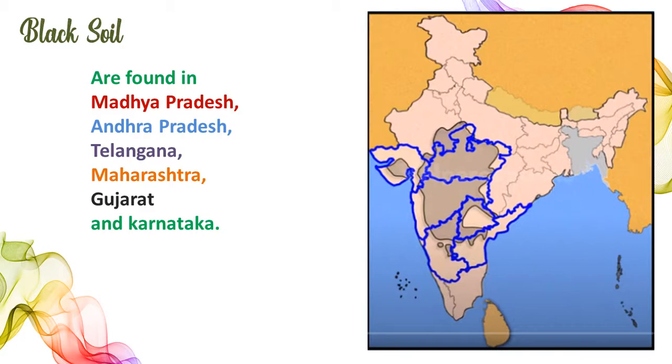This kind of black soil is rich in calcium carbonate, magnesium, potash and lime. But they are poor in phosphoric content. In the dry season, these soils develop cracks, which leads to aeration.